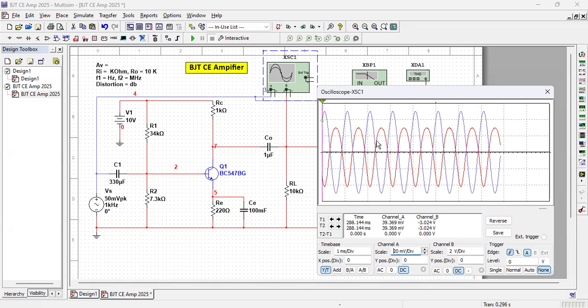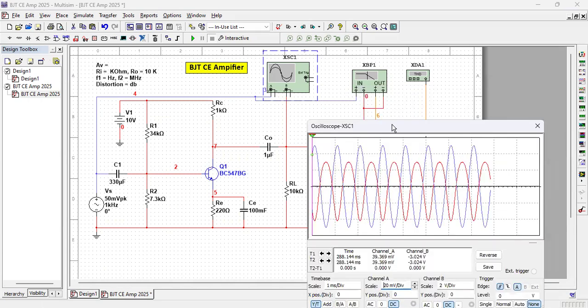The scale is 2 volt per division. The upper peak is around 3 volt, whereas the lower peak is around minus 4 volt. So the output is not symmetric. So there is some distortion, right?